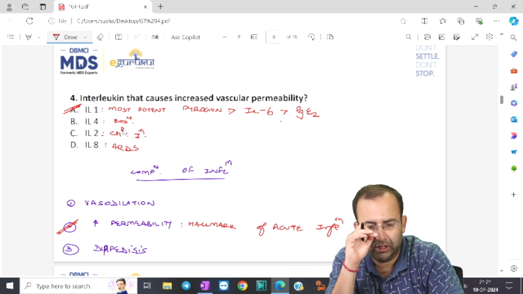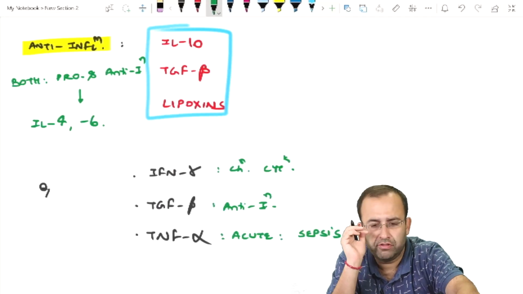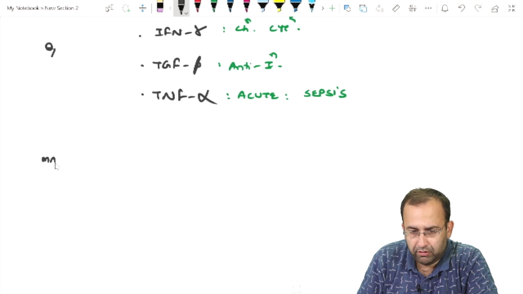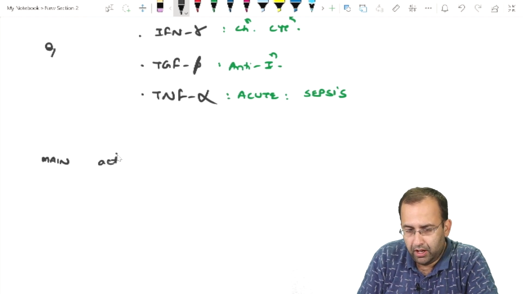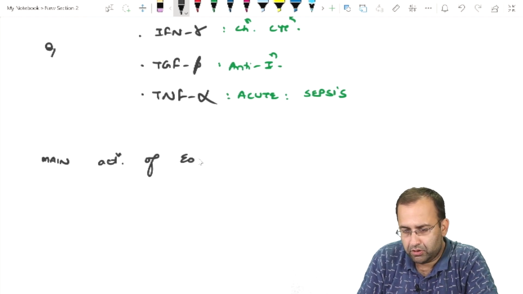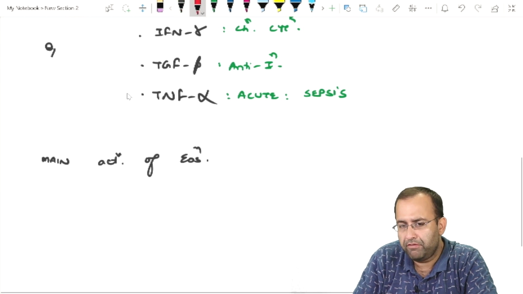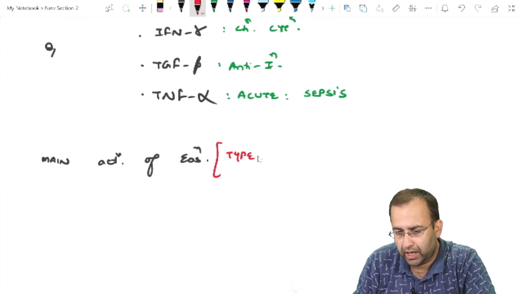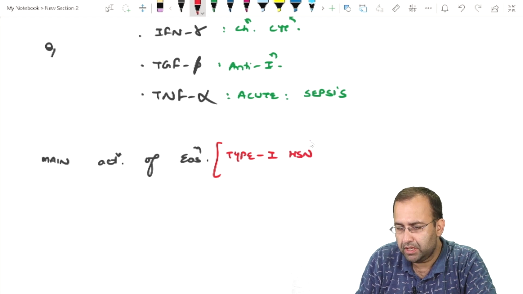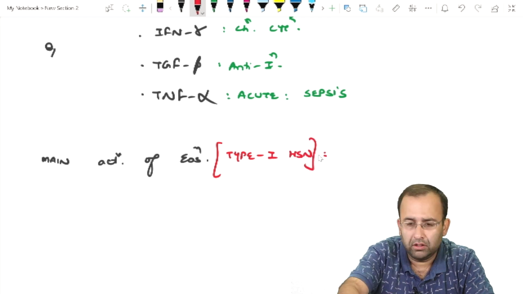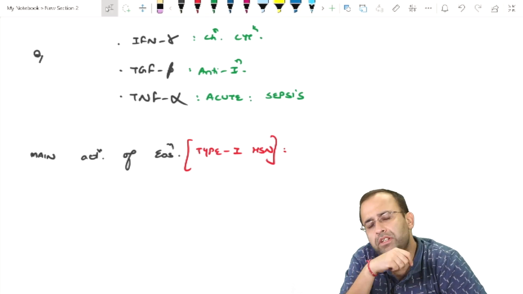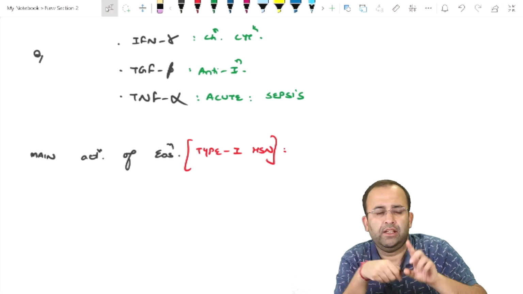Now that we are doing this, let us have a look at eosinophils and basophils also. Which is the main activator of eosinophils? Eosinophils play a role in type 1 hypersensitivity, which is asthma or allergy, the immediate type of hypersensitivity. A, B, C, D, E, E is the 5th alphabet.